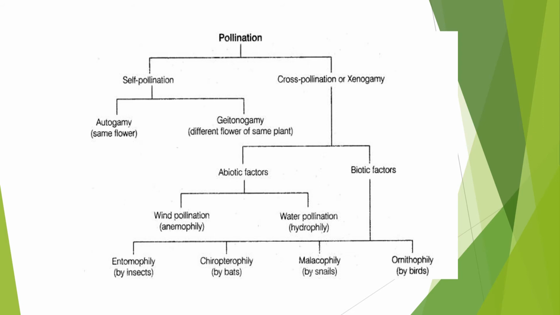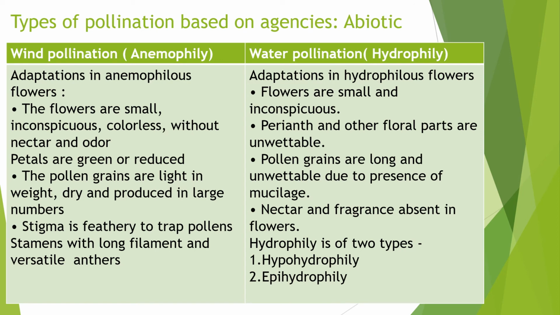This cross-pollination requires some agents or factors for pollination. These are abiotic factors and biotic factors. The abiotic factors are wind and water, and the biotic factors are insects, bats, snails, birds, animals, etc. The abiotic factors are wind and water.